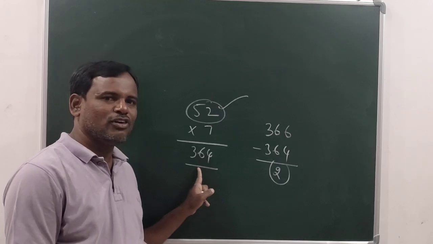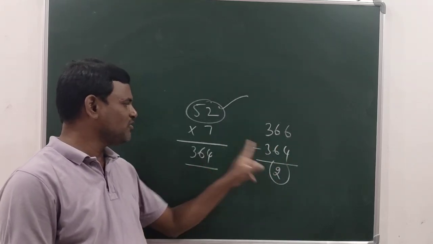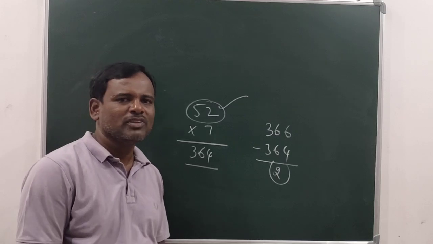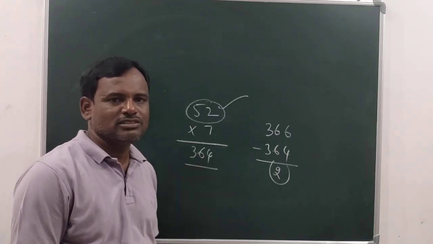Here 366, but in a non-leap year there are 364. Subtract this from that, you get 2. These 2 days will be any 2 days.